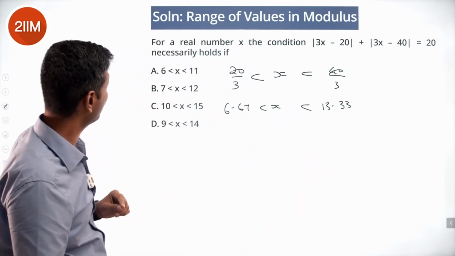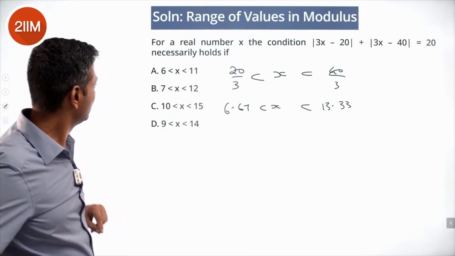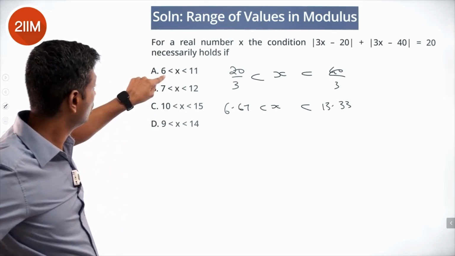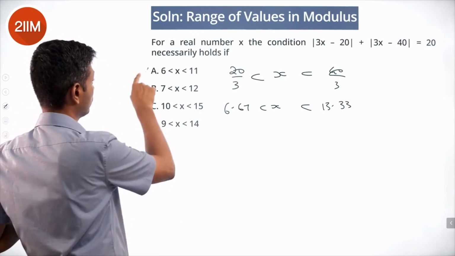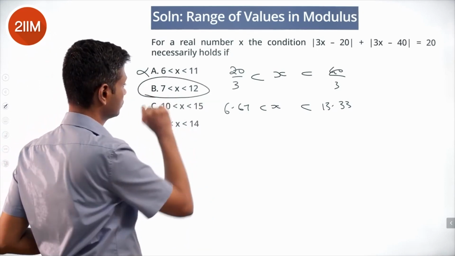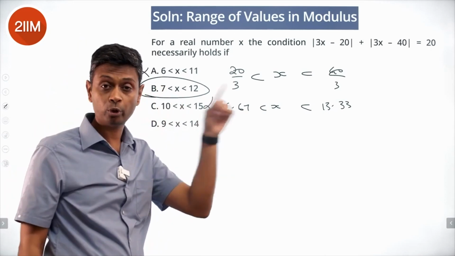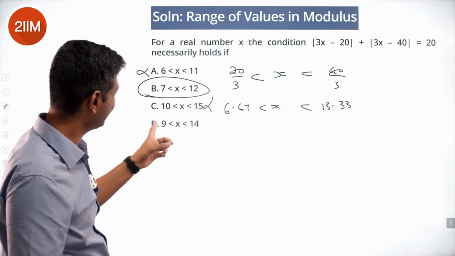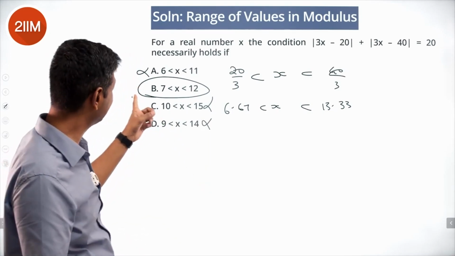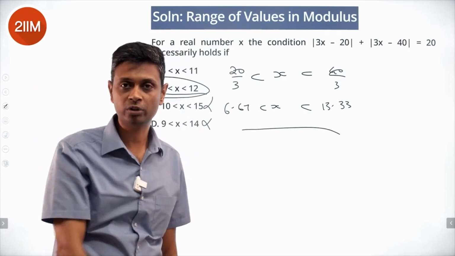But the question says for a real number x necessarily holds. 6 less than x less than 11 won't work, because if I point x equal to 6.1, it won't work. 7 less than x less than 12, this could work. 10 less than x less than 15 won't work. X could be 14.2, it won't work. 9 less than x less than 14 won't work. X could be 13.9, it won't work. This is a subset of this. Therefore, that will work. Choice B.